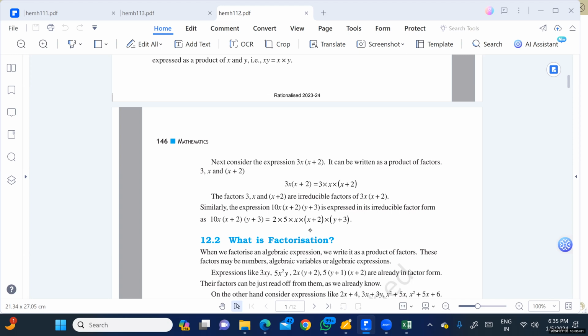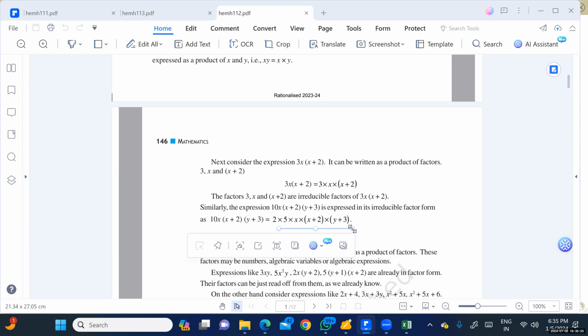What is it called, Utkarsh? Sir, irreducible form. When you cannot break any of these terms, any of these numbers, the expression is in the irreducible form. Himangi, is this clear?